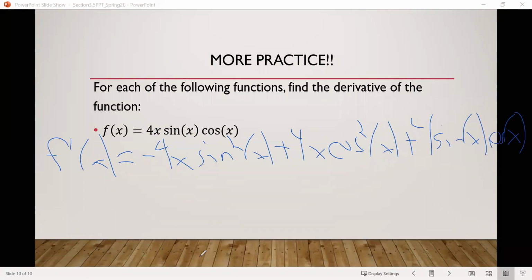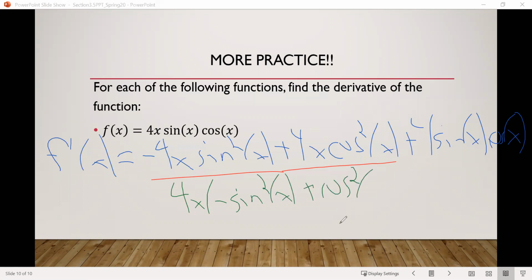And notice in these middle terms here, right? The negative 4x sine squared x and 4x cosine squared x, they both have 4x in common. So we can factor out a 4x. And if we do that, we'll end up with negative sine squared x plus cosine squared x, which may not look familiar right away, but some of you may recognize that from Math 142.